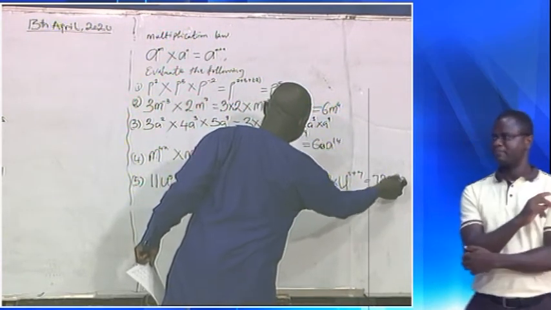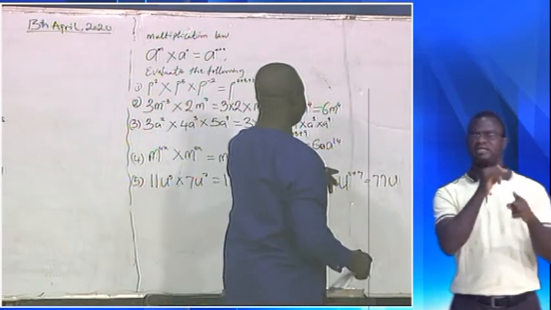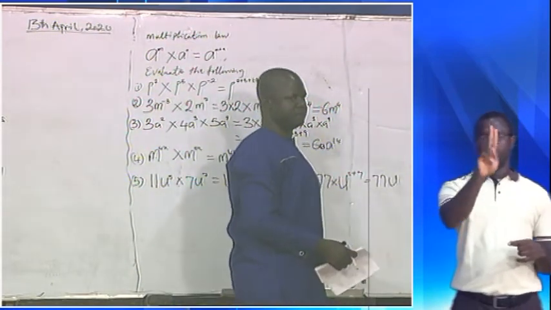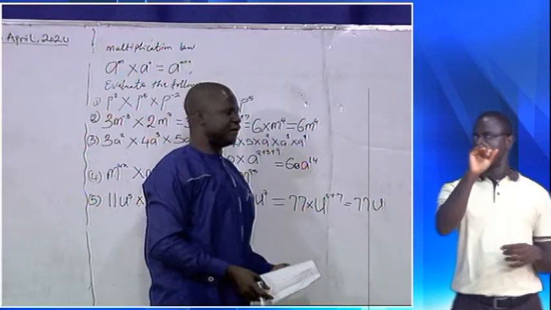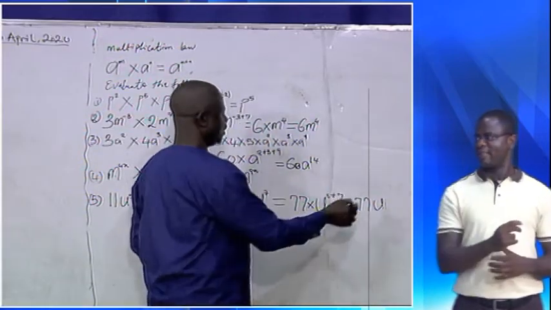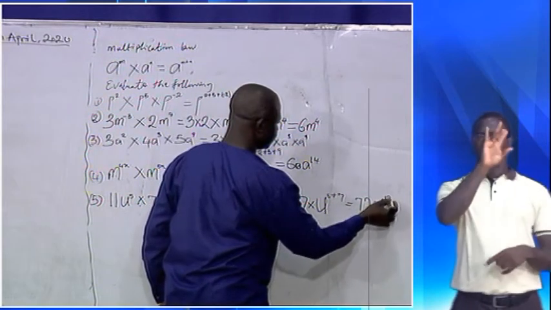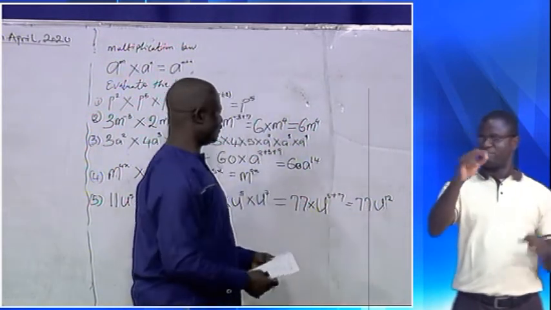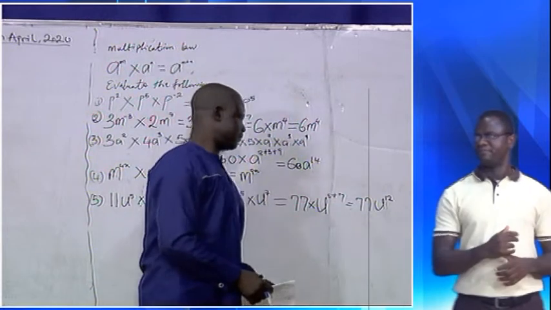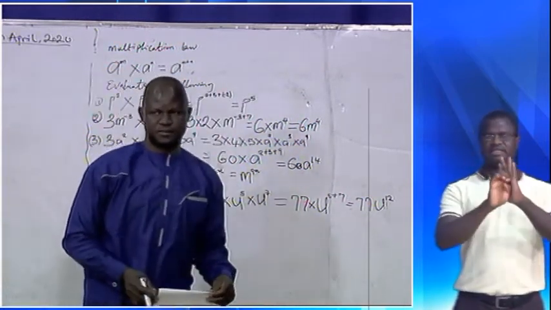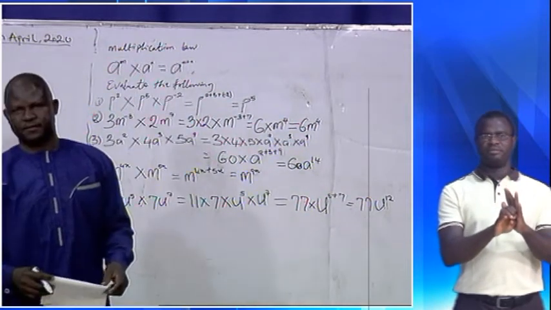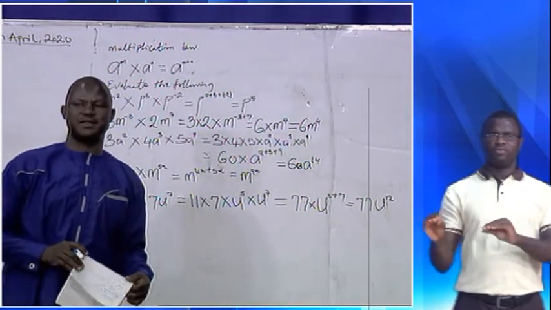Do the counting on your own. 5 plus 7 will give us 12. So this is the end of this particular example. With this, we move to the next law.